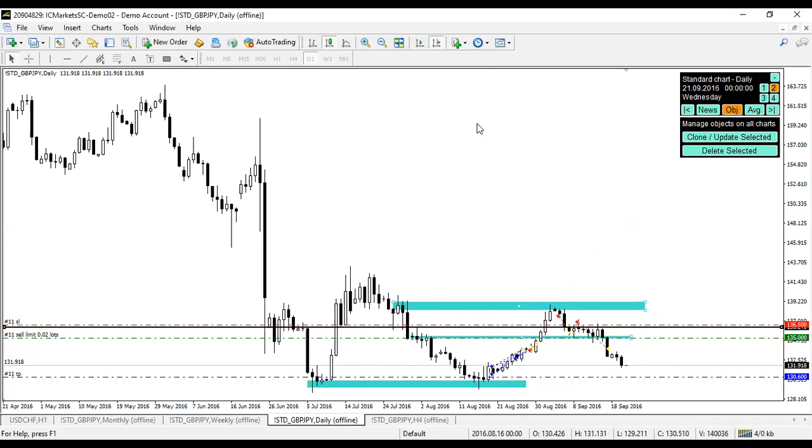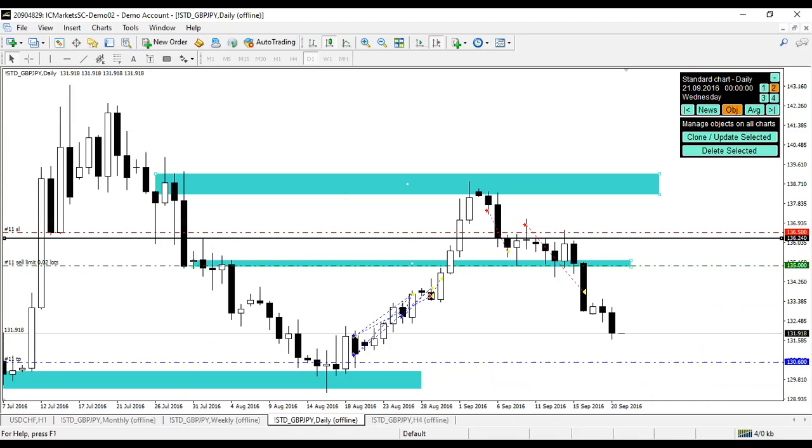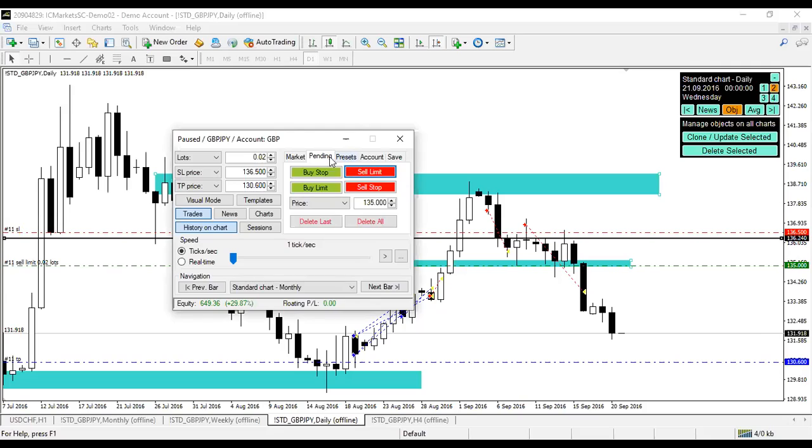Now price has not come back up to retest this level, so we have to remove our order here.